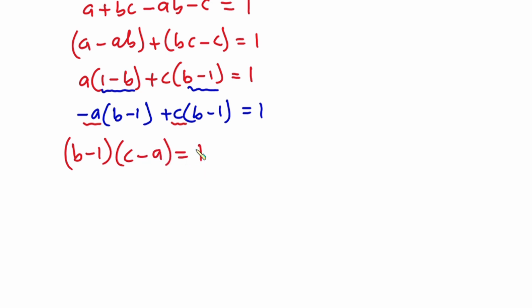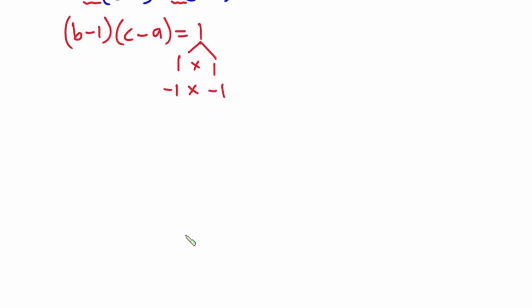Now remember, the right hand side is not 0, so b minus 1 can't straight away be 1, or c minus a cannot be 1 straight away. But what we are going to do is, this 1 over here is the same as 1 times 1. It is also the same as -1 times -1. So we are going to form two cases out of this.